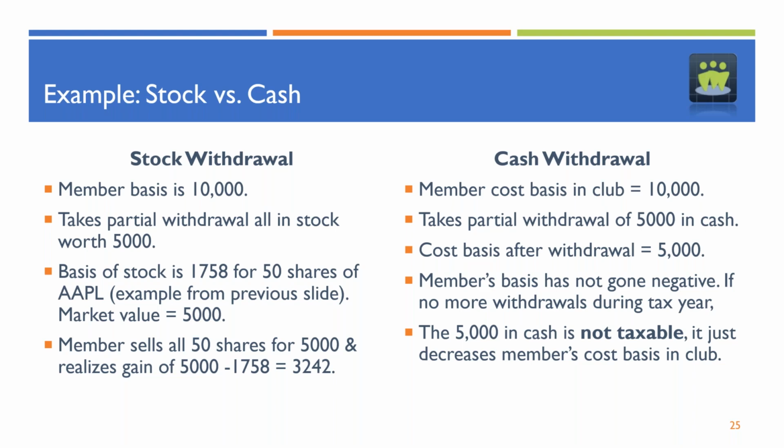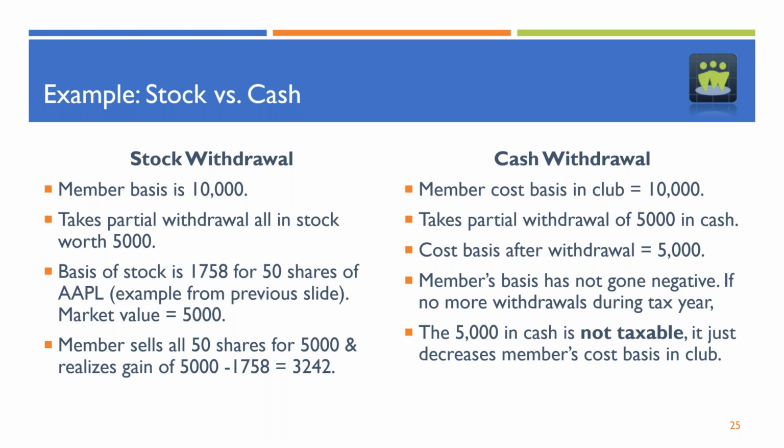For the stock withdrawal, the basis of the stock is the same basis as the club had. In this case, we'll take the Apple shares from the previous example, in which the cost basis is $17.58 for the 50 shares, and that's what the member receives, even though the market value is $5,000. You're paying them completely off in Apple stock.